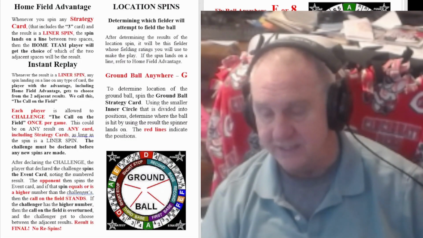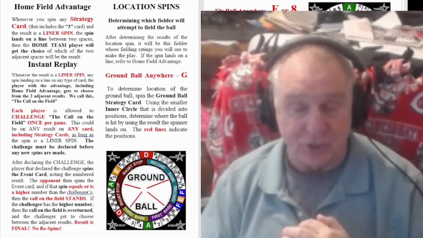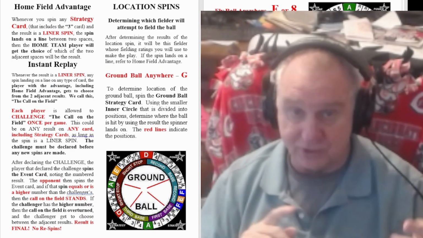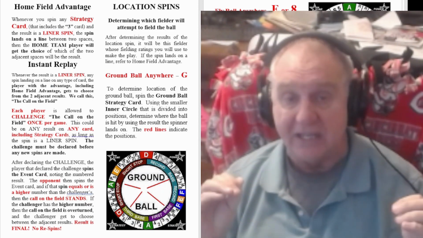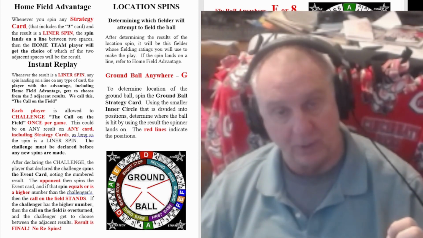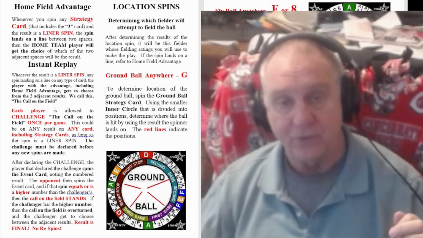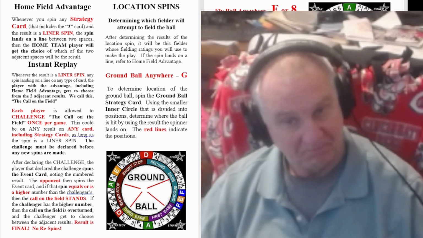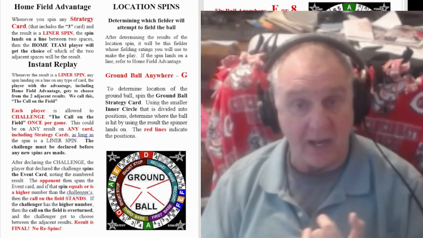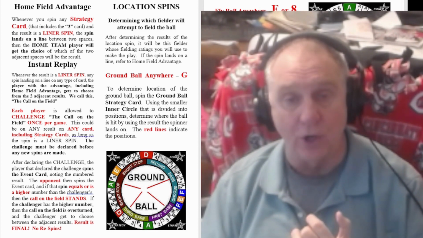If the person that spins the challenge, that throws the red flag, that asks for the instant replay, spins lower than the person that is being challenged, the call on the field is correct. There it is. On a tie, the call on the field stands, not enough evidence to overturn it.